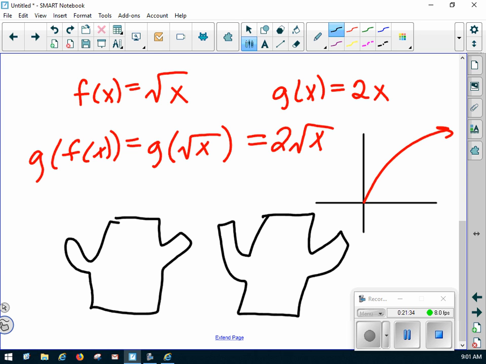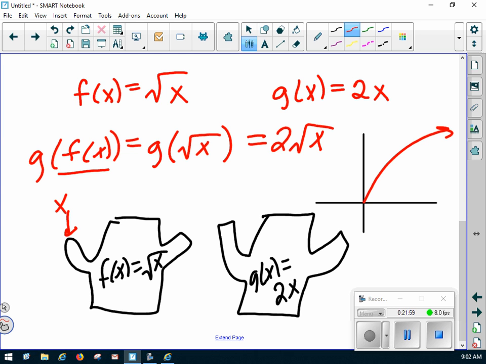Which function is going to happen first? F, and f of x is square root x. G of x is going to happen second, and that is 2x. Now, right here, what goes into f? Just x. So nothing's going to change, because that is f of x.